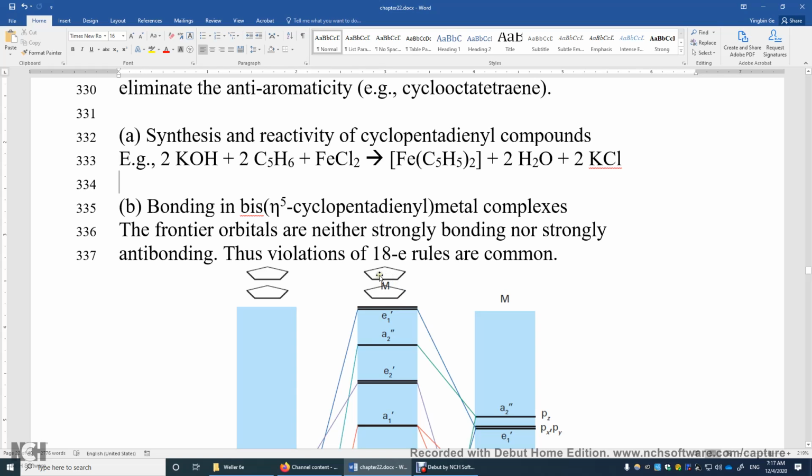The top ring has 5 lobes with the same sign. The bottom ring also has 5 lobes with the same sign. But the 5 lobes from the bottom and the 5 lobes from the top, they have different signs. Okay, they have different signs.